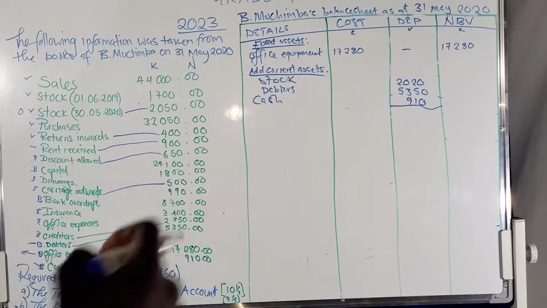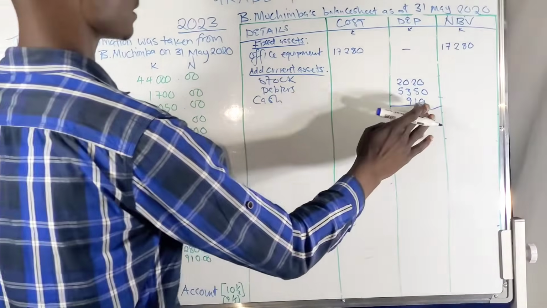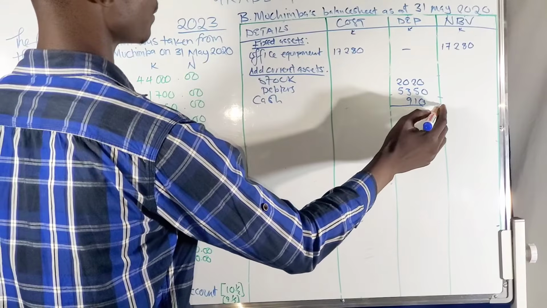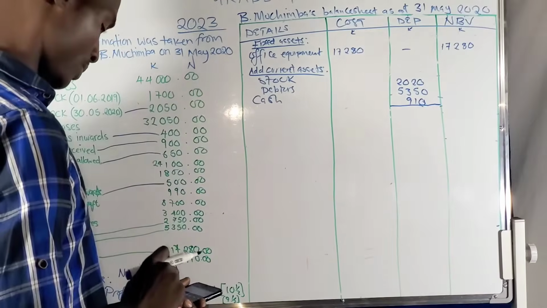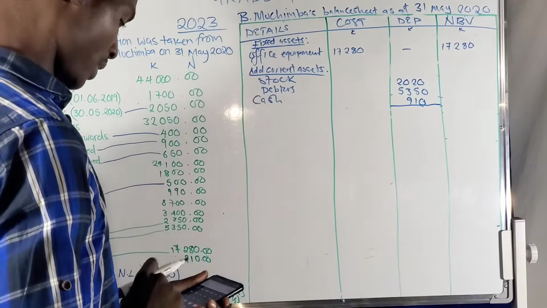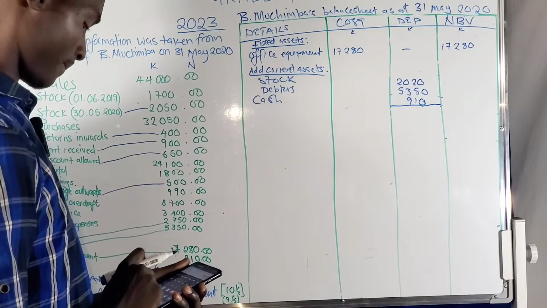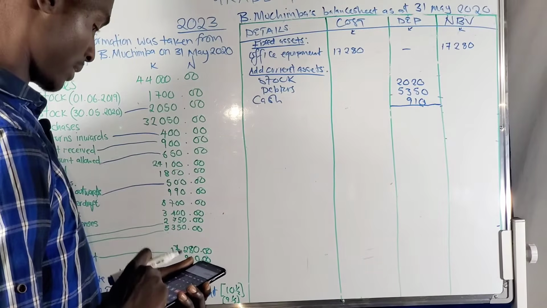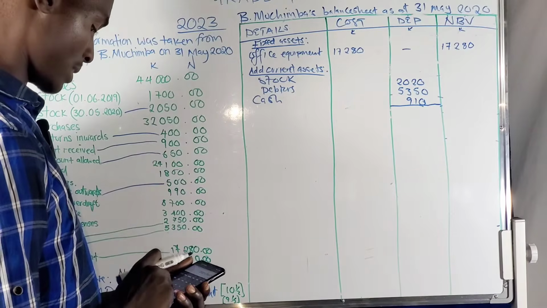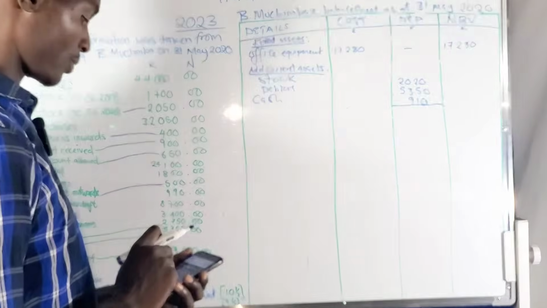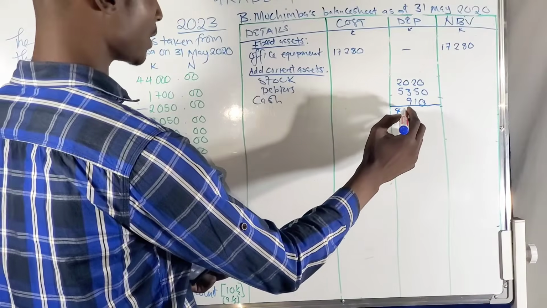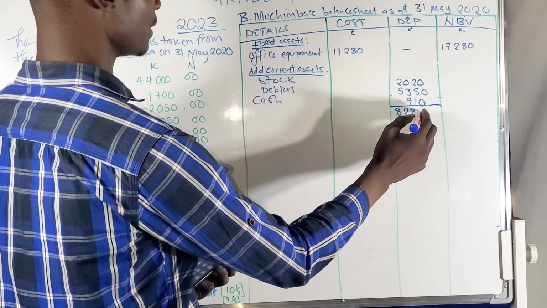Okay, so we add the current assets. So we're going to say 2020 plus 5,350 plus 910. We're going to have 8,280.